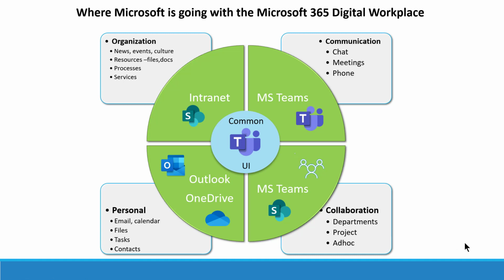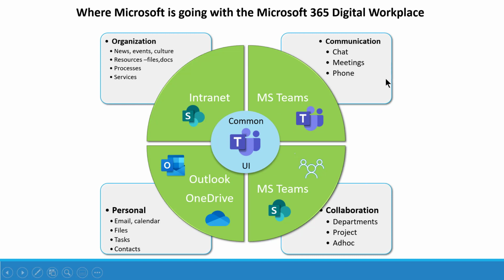Teams is the user interface that they will be working through. And through Teams, you'll be able to get the organization type of capabilities. This is your intranet, for instance. News events, resources, docs, files, processes, services, things that the organization presents to the employee out there.